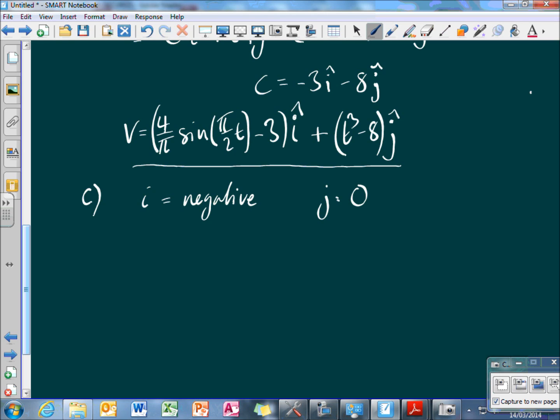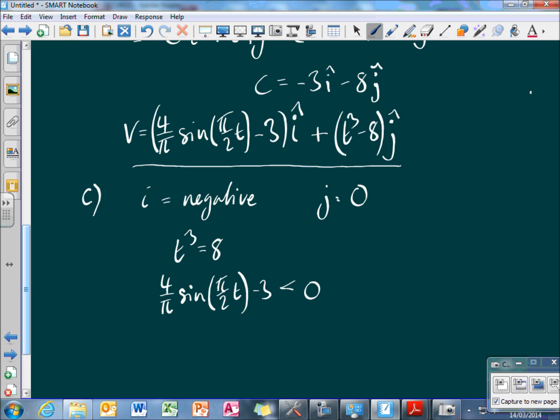So I've got t cubed equals 8 to make the j component 0, and I've also got to have 4 over pi sine(pi over 2 t) minus 3 less than 0 for it to be negative.